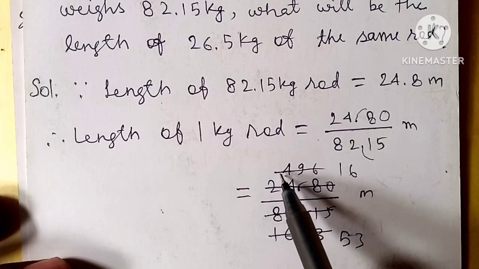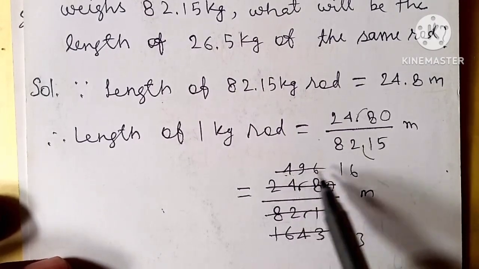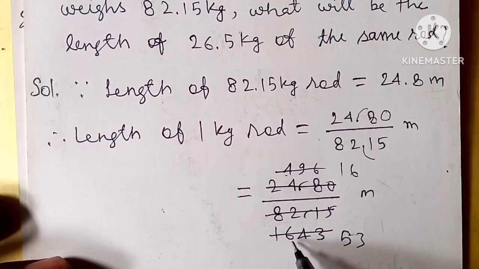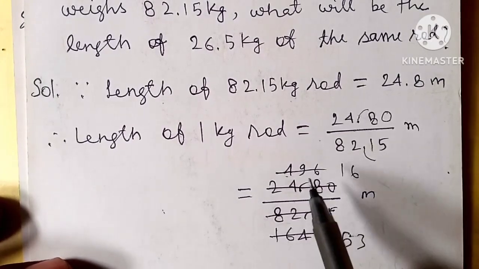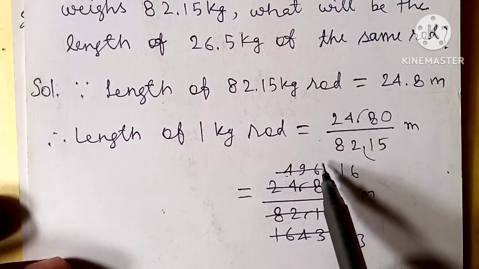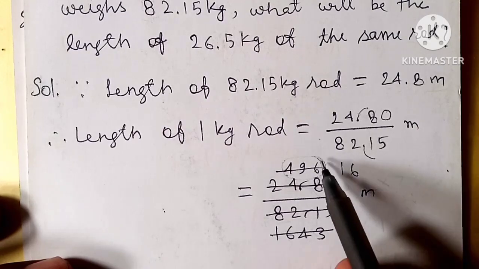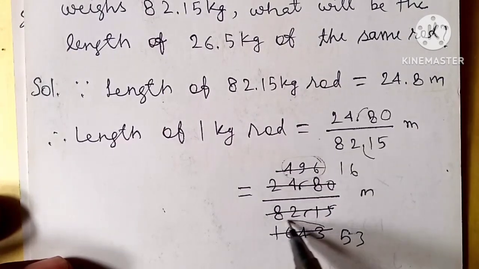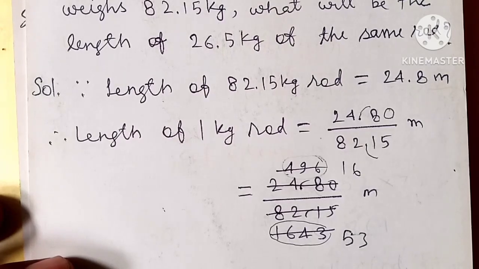After that, we have to cancel 496 and 1643 by 31. We have to check which number can cancel both of them.